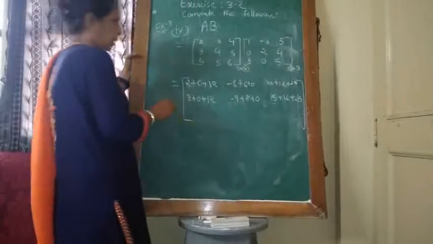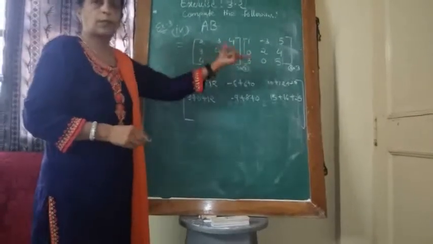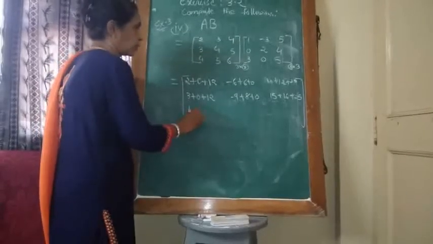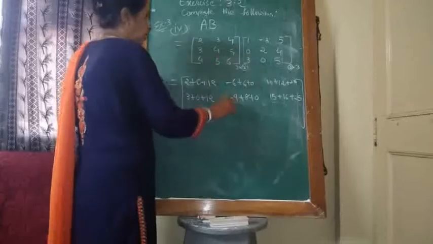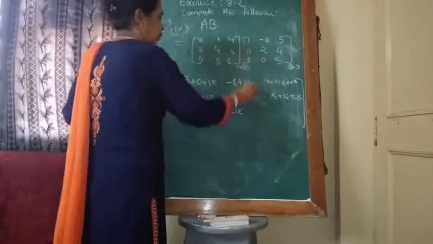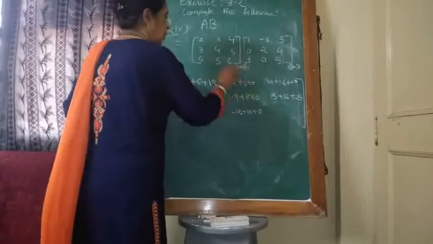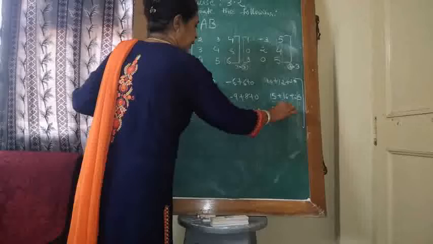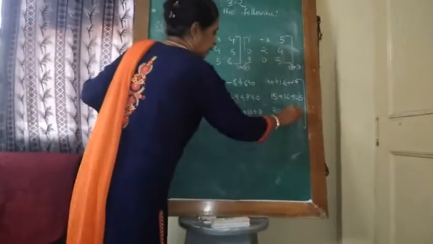Now third row, first column, third row, second column, third row, third column. So 4 into 1 is 4, 5 0 are 0, 5 3 are 15, 12, 5 2 are 10, 6 0 are 0, 4 5 are 20, 5 4 are 20, 6 5 are 30.